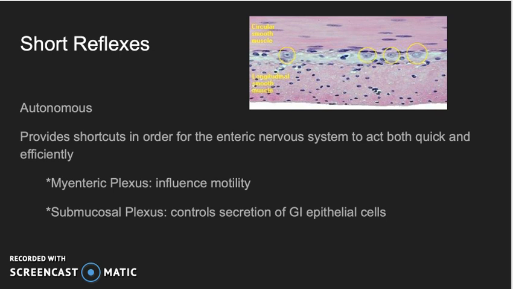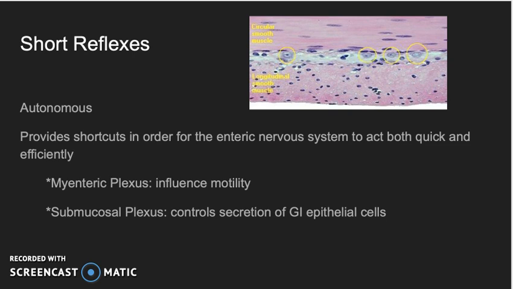Now, moving on into our short reflexes. The main difference between short reflexes and long reflexes is that short reflexes happen autonomously. They function independently from anything. That means the stimuli originate within the enteric nervous system and are integrated within the enteric nervous system with no communication with the central nervous system. This is why it's considered a little brain.